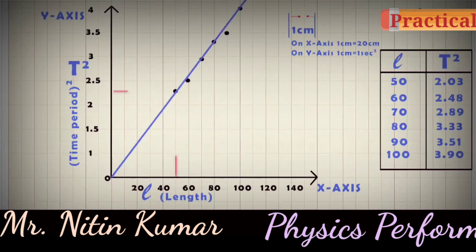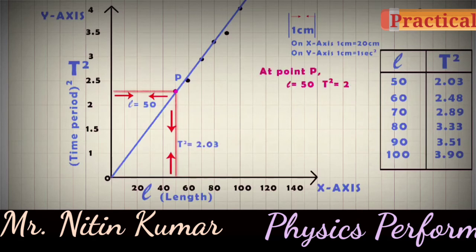Now, consider a point P on the straight line and note down its corresponding values of L and T square. Here, at point P, the value of L is 50 centimeters and the value of T square is 2.03 second square.